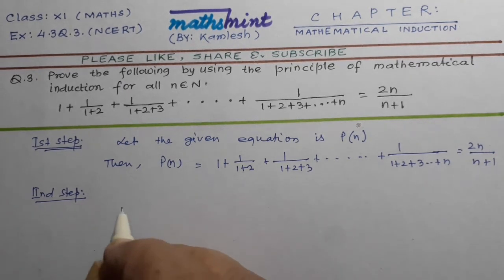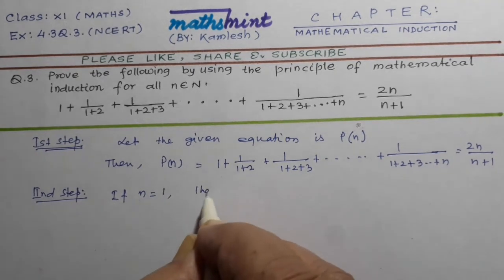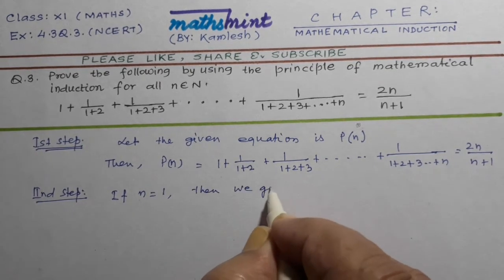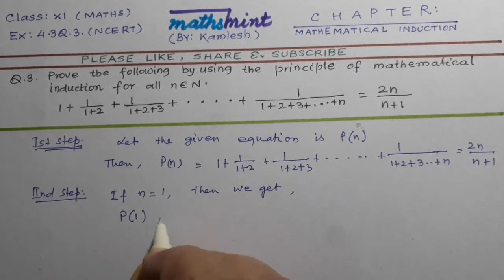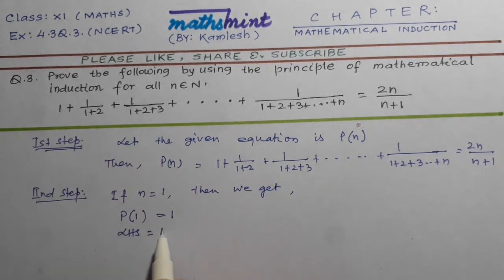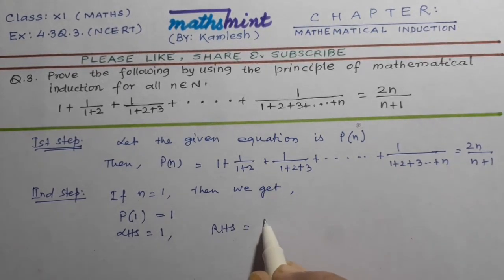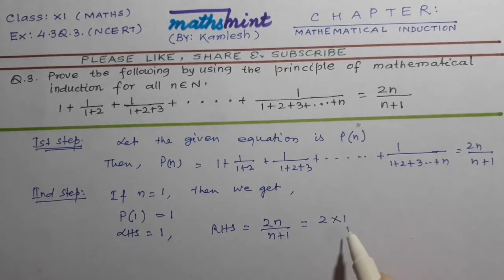So if n equal to 1, then we get P(1) equal to 1. LHS equal to P(1) is equal to 1. So LHS is equal to 1. RHS equal to 2n by (n plus 1), and for n we are taking 1: 2 into 1 by (1 plus 1).